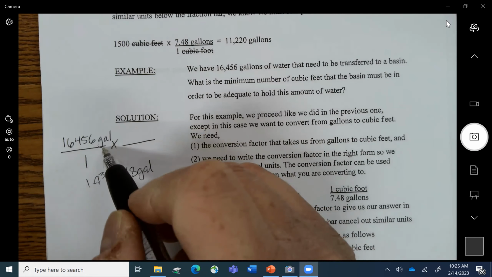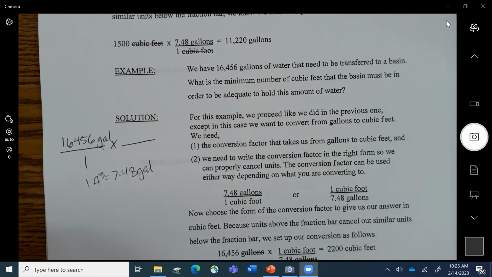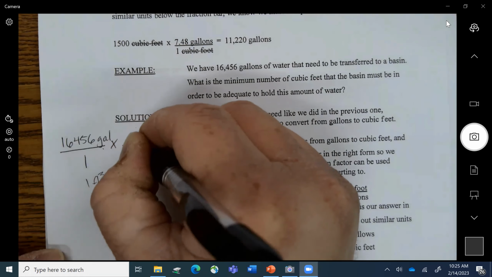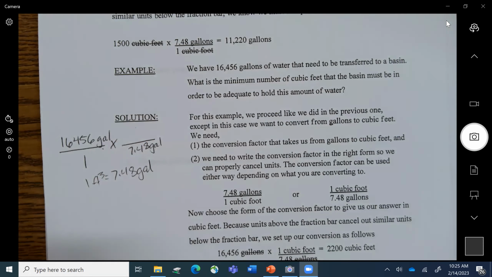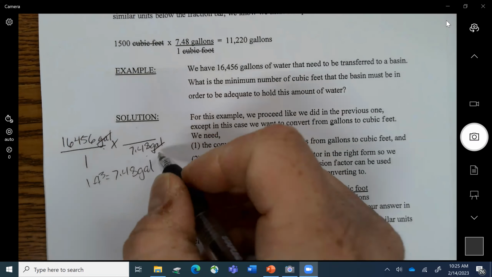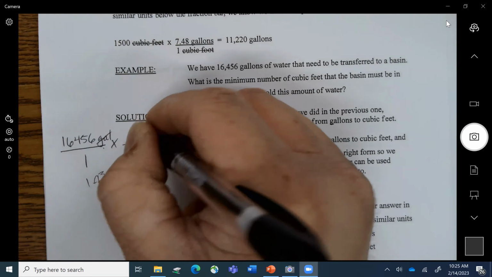My gallons are on top, so where do my gallons have to be to cancel? Right here in the bottom, 7.48 gallons. Okay. If gallons cancel, what is 7.48 gallons equal to? 1 cubic foot.